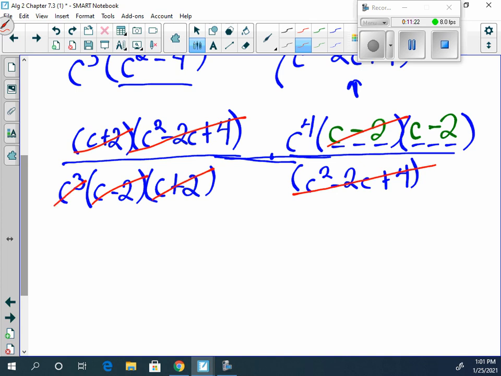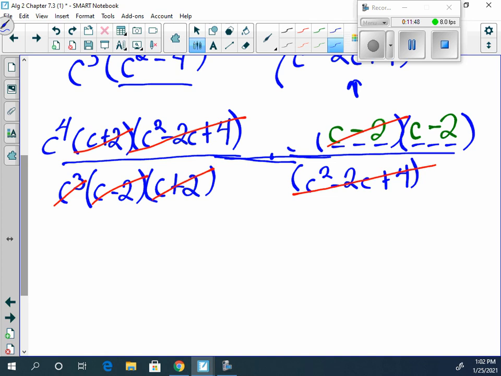Yes. And that would leave me with how many on top? 1, because 4 minus 3 is 1, and it's biggest on top. Because really, we're saying all 3 of these are multiplied together, yes? So C times all this. We have it on top and bottom. Now, another way we could have looked at it, if I rewrote it, it would have come out here as C to the 4th.